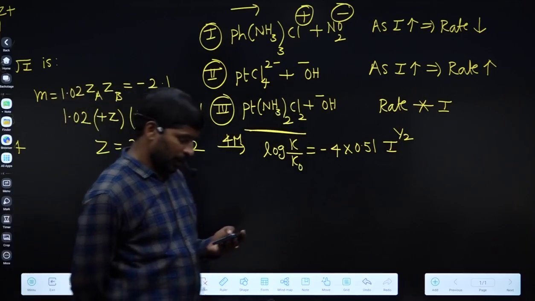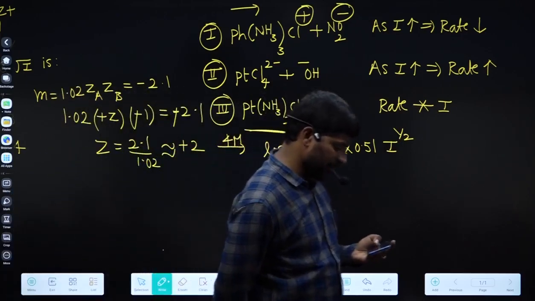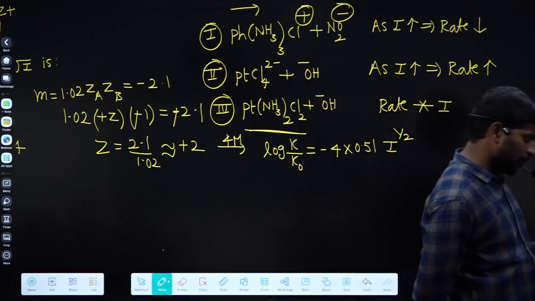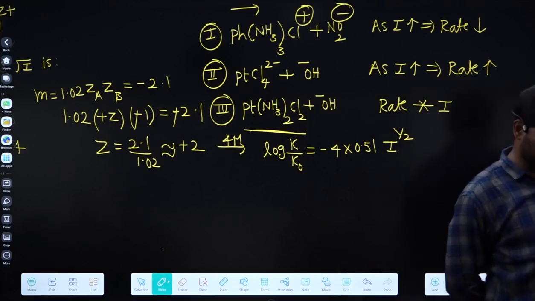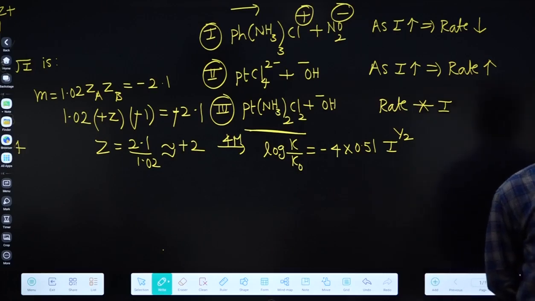Which of the following reactions follows the above equation?